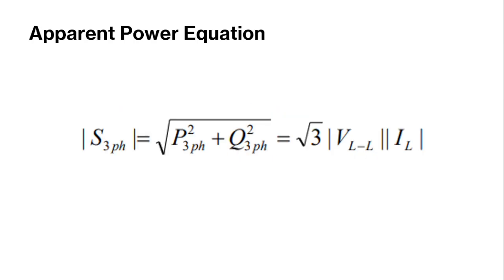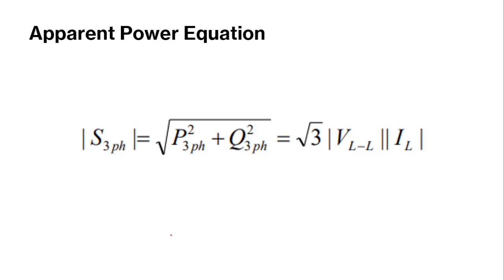Alright, and merging all of them together, a bit of Pythagoras theorem. S squared will equal the horizontal squared plus the vertical squared, which would just give you root 3 V line I line, no angle. Notice this is root 3 on top, not 1 over root 3.